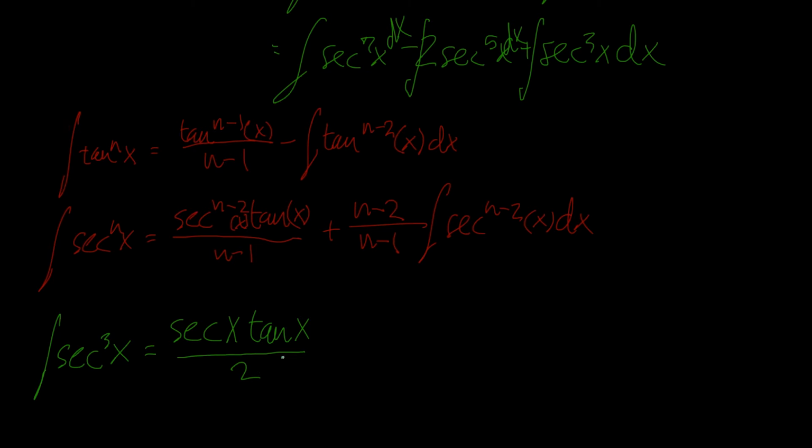Remember, our n is 3, so n minus 1 is 2, plus n minus 2, our n is 3 again, so 1 over 2, the integral of secant n minus 2, so of secant x dx. And you would then have to take this one and try and use a different method to find the integral of secant x, multiply it by 1/2, and then add it.